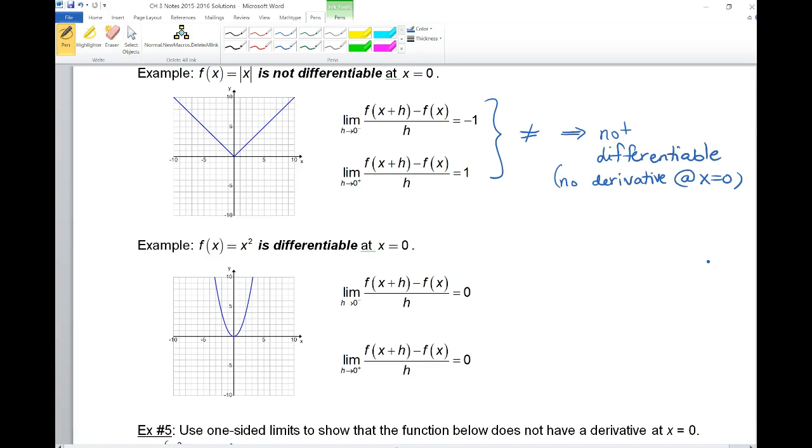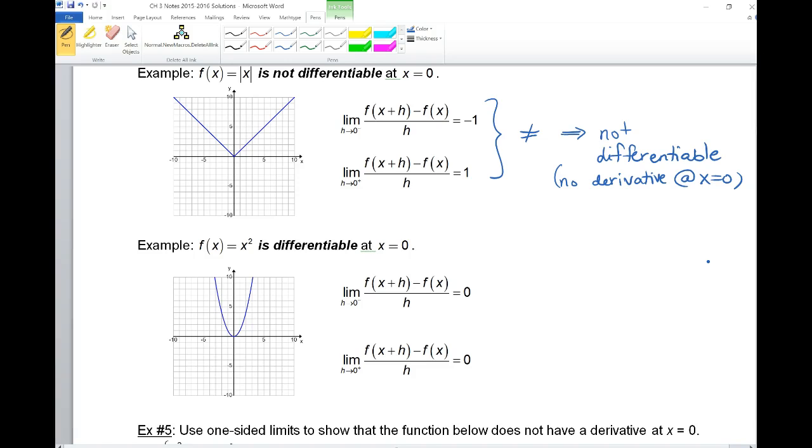So we're specifically looking at this point right here. Yeah, so as h approaches 0 from the left, isn't the limit 0? This is when x is equal to 0. Okay, but how about when x equals 3? If I'm looking from the left and from the right, aren't the slopes the same?